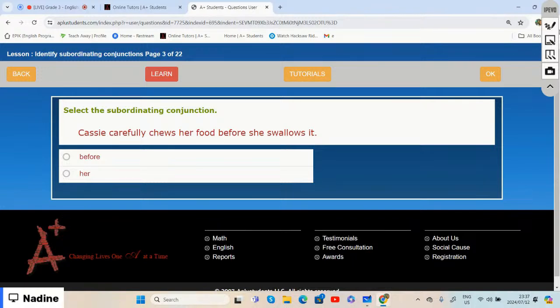All right, one more. It says Cassie carefully chews her food before she swallows it. We need to select our subordinating conjunction within that sentence.